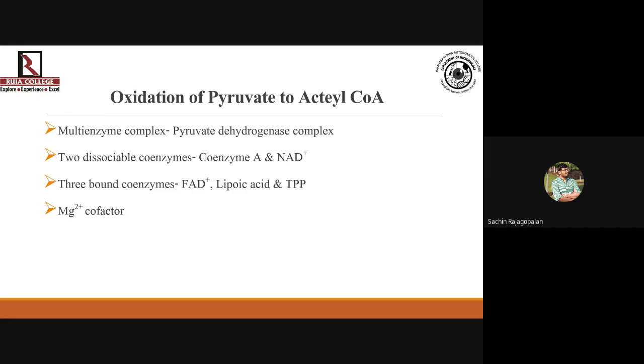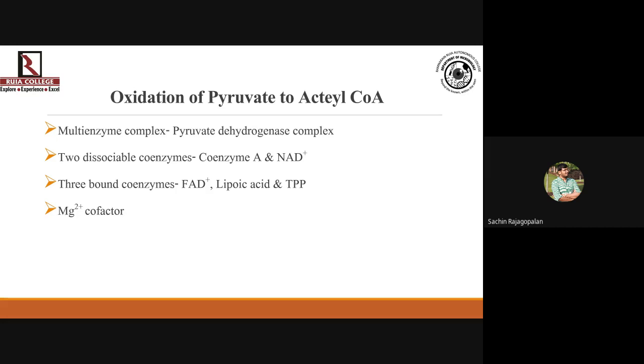Now, 3 of the coenzymes are bound, which means they are attached to the complex. One is FAD, another is lipoic acid, yet another is TPP. FAD, though, is attached in its FAD form. Once it is converted to FADH2, it will be dissociated. And a new FAD has to be attached there for FADH2 to be detached.